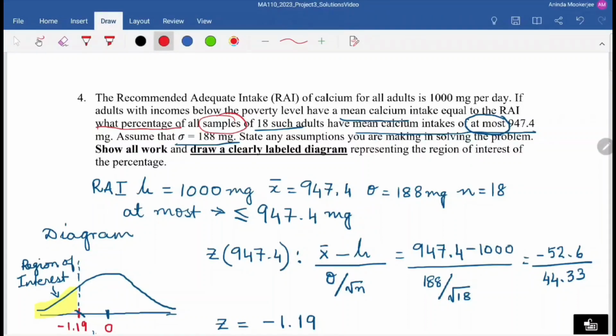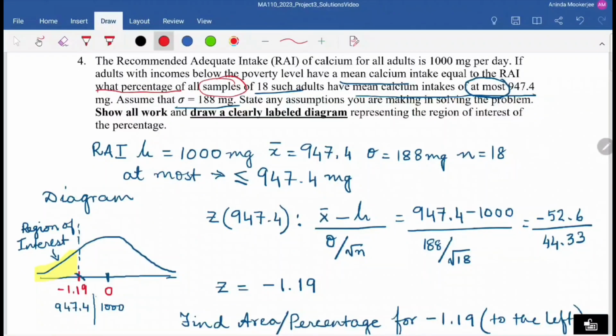I'm going to extract the main data that we need to solve this problem. Percentage tells us that we are looking for area. Once we find the area under the curve, we can just translate that into percentage by multiplying it by 100.